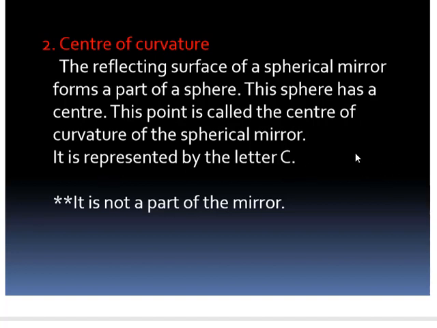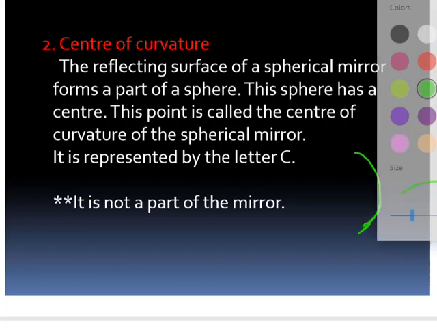So here, if we consider a spherical mirror, maybe concave, convex, whatever you can consider. Here I am considering a concave mirror. You can also consider a convex mirror. Now see, this curve looks like a part of a circle.